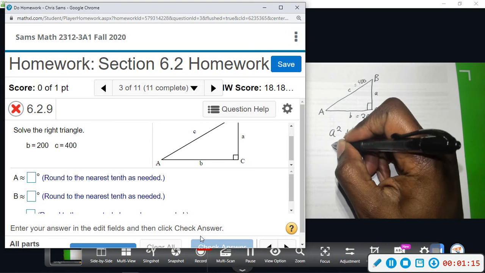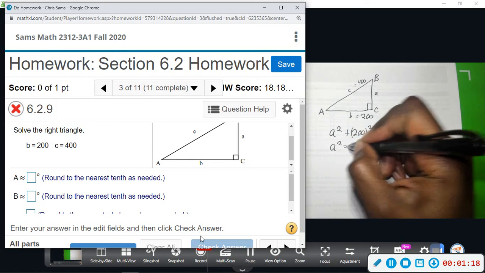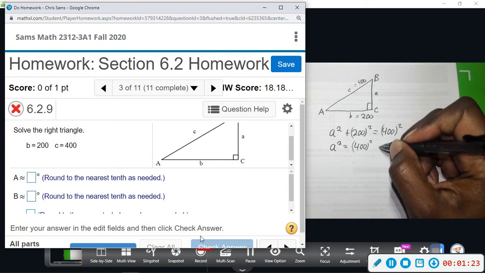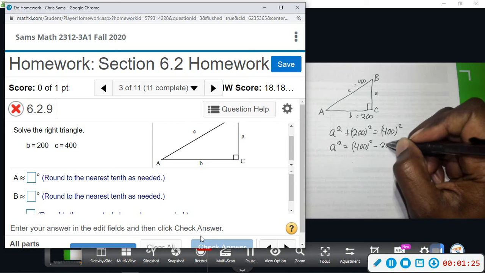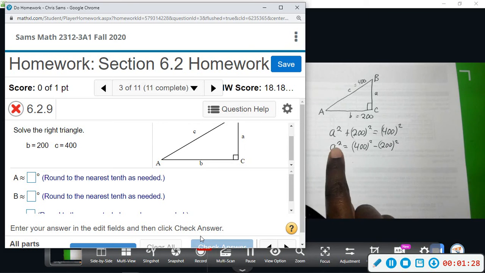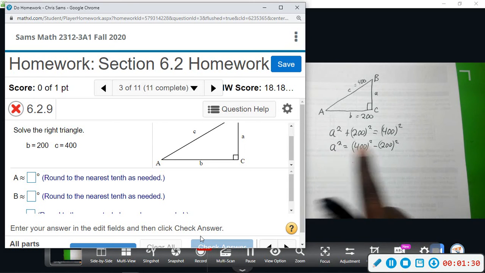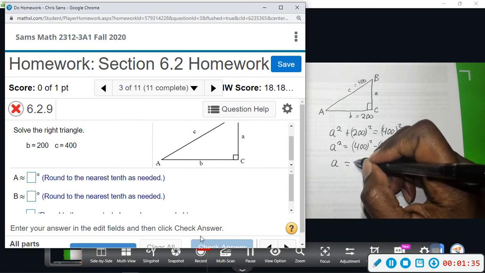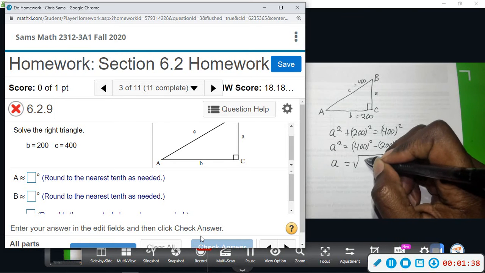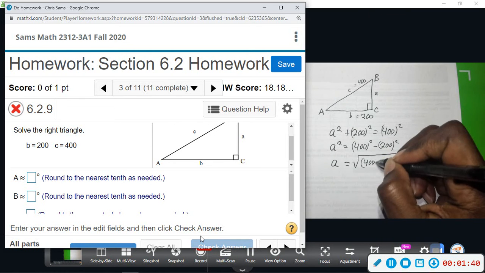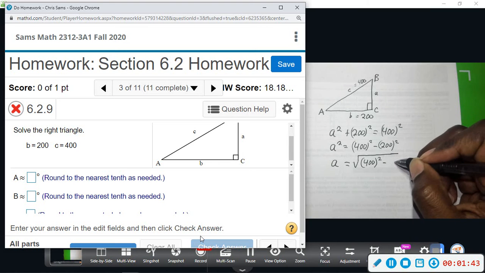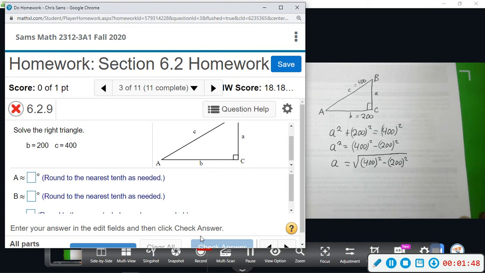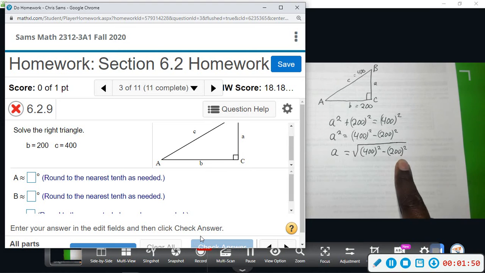So we have A squared equals 400 squared minus 200 squared, and then we would have to do the square root of both sides. Okay, so we would have A equals the square root of 400 squared minus 200 squared. Alright, so now we will go ahead and square and simplify.